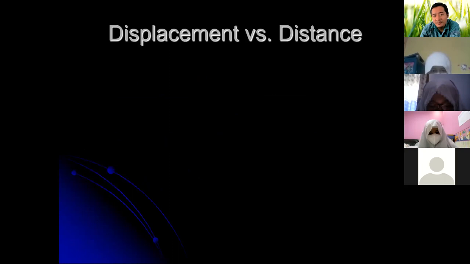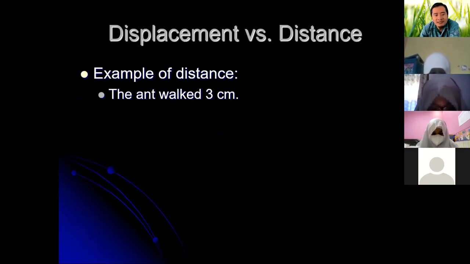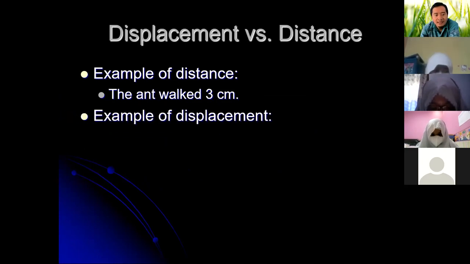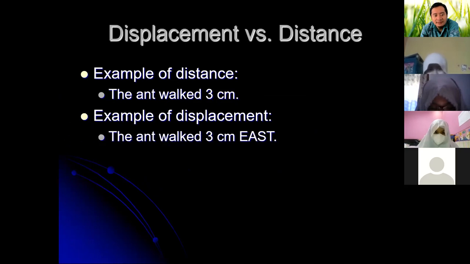Now we go to displacement versus distance. Example of distance: he walks 3 centimeters. Example of displacement: he walks 3 centimeters to the east. So the direction is very important in displacement. We have to note the direction when we mention the displacement. For the example like this, he walks 3 centimeters, what is the direction?